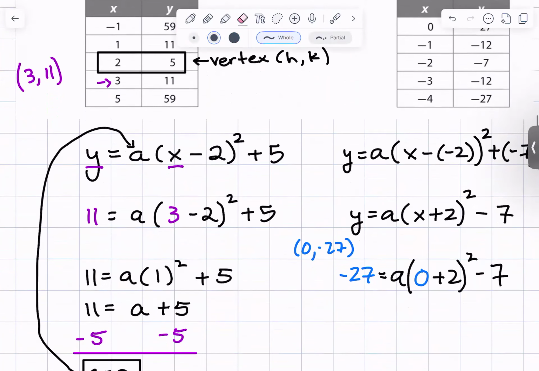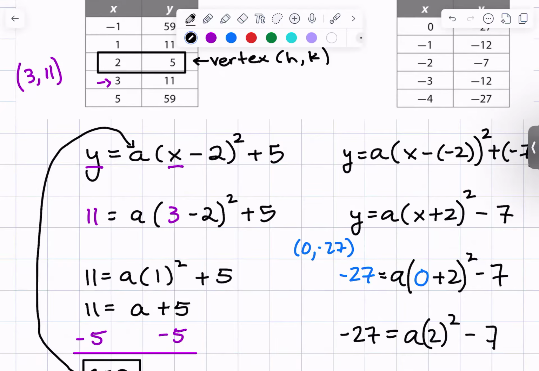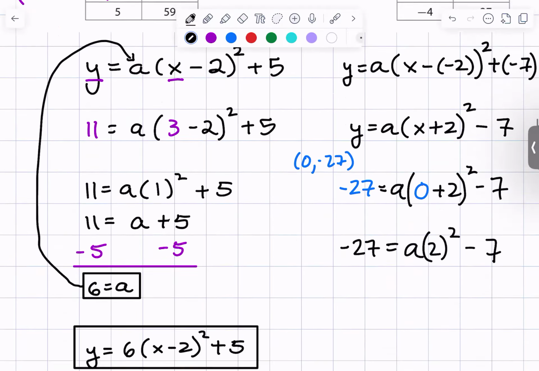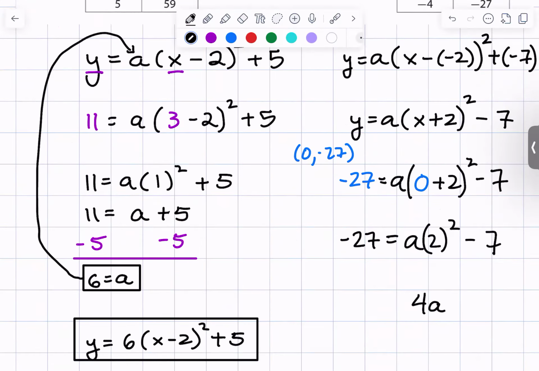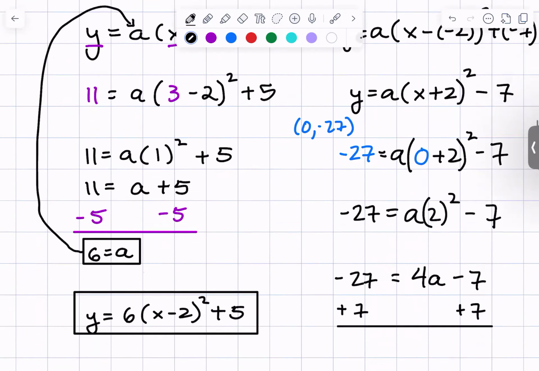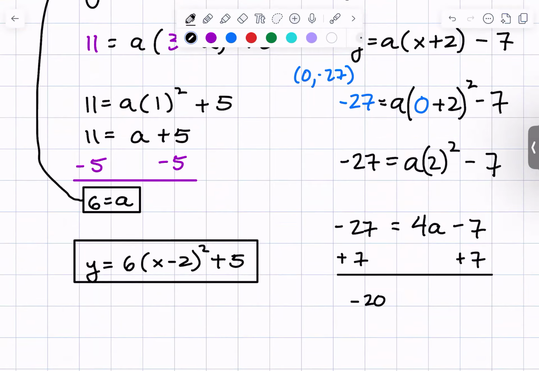So if I simplify this, -27 equals a times 2 squared minus 7. 2 squared is 4. So that's 4a minus 7 equals -27. Add 7 to both sides. Then we get -20 equals 4a.